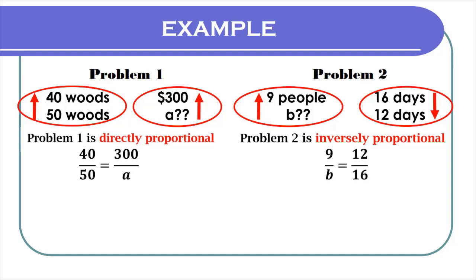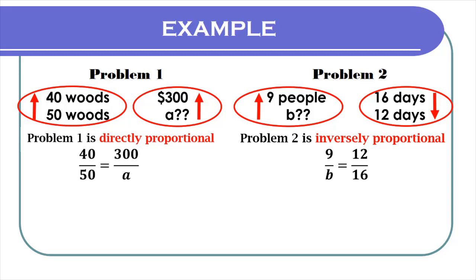For the inverse proportion problem, the proportion is 9 over b is equal to 12 over 16. So if you write the number of people from the top, then you have to write the days from the bottom. So it will be inverse.